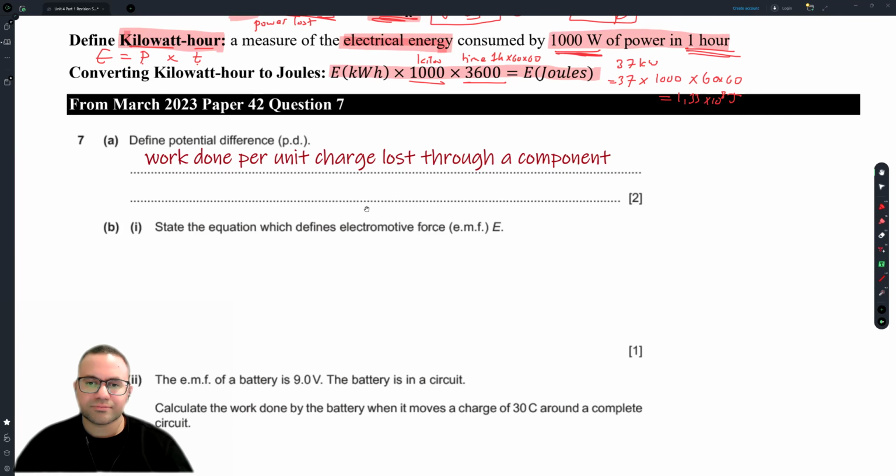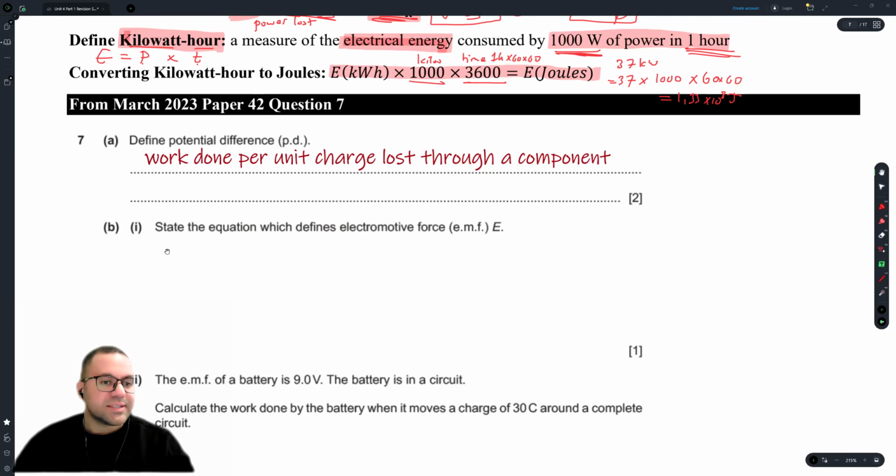Is the energy change from electrical to something else, like thermal or light or something? So keep in mind, if I ask you to define potential difference, and also to explain it in terms of energy, you have to mention the energy types from electric to other forms. Okay?